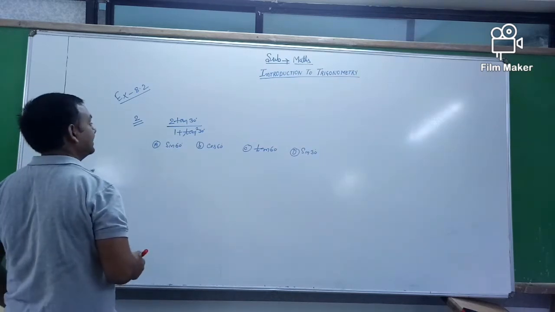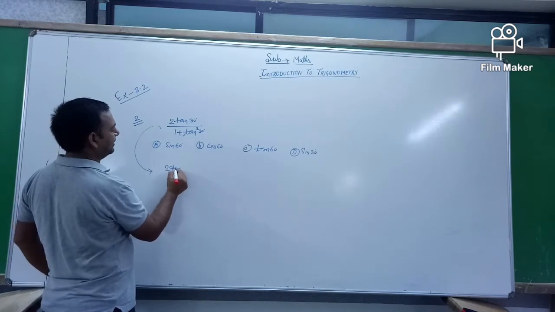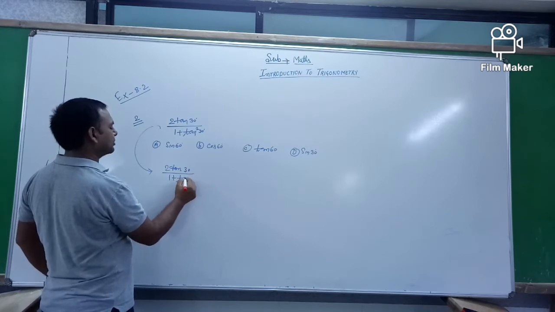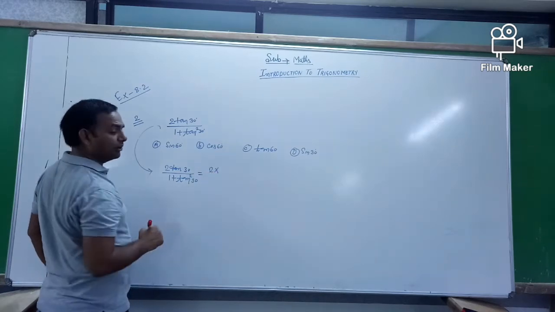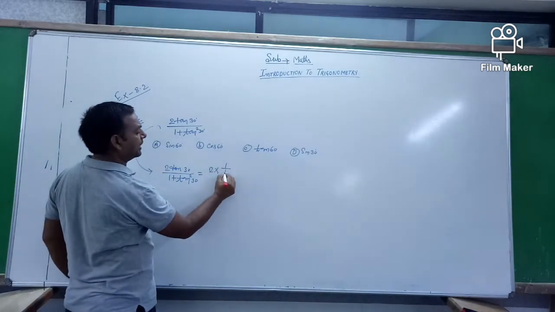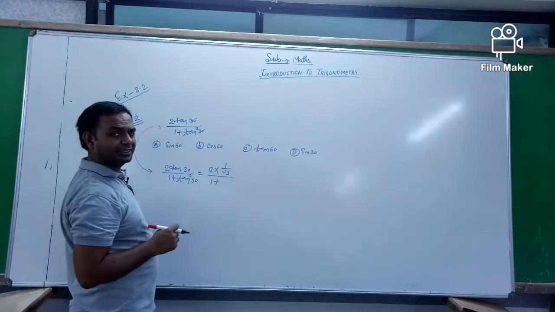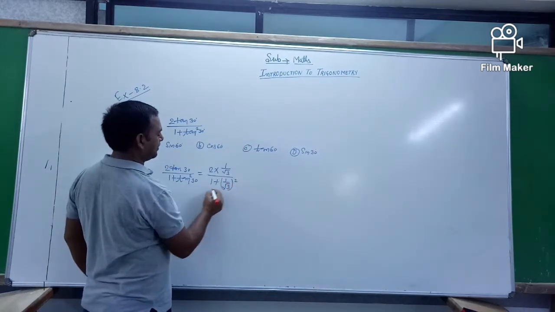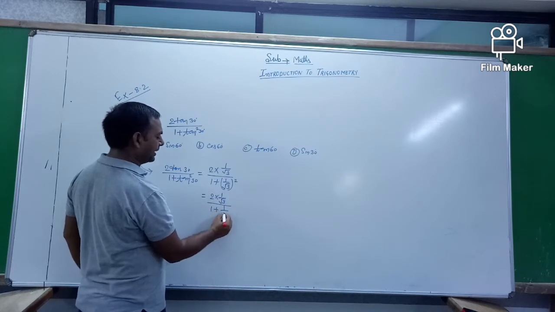Then you see that the question is 2 tan 30 degree upon 1 plus tan square 30 degree. Here the value of tan 30 degree is 1 by root 3. Divide by 1 plus, same here, the value of tan 30 degree, 1 by root 3 whole square, that is equal to 2 into 1 by root 3, divide by 1 plus 1 by 3.